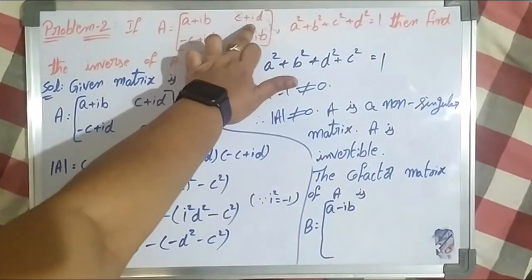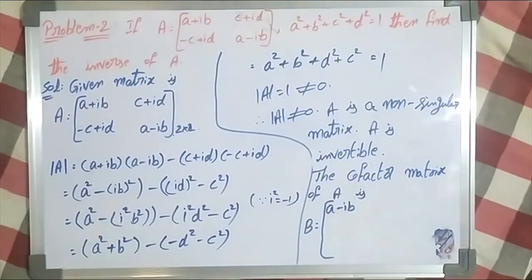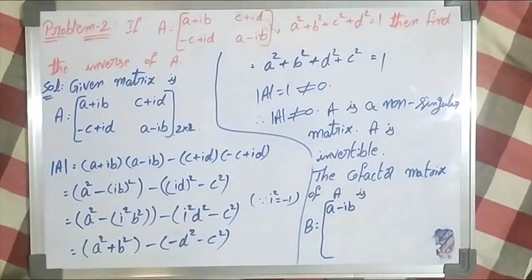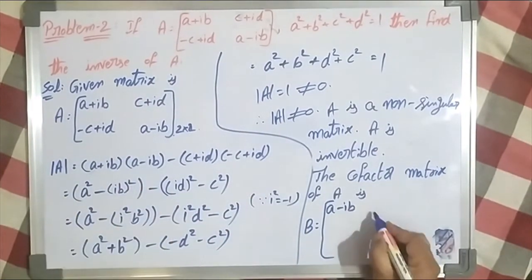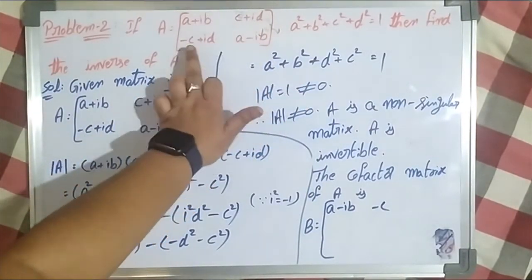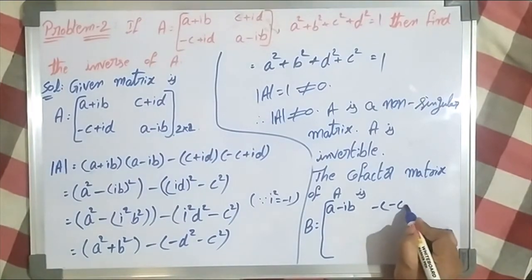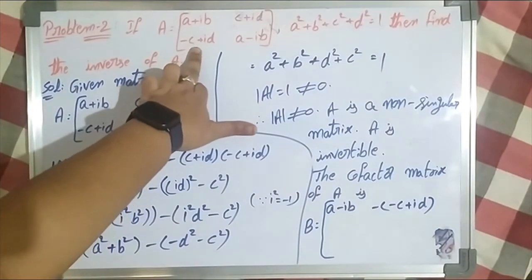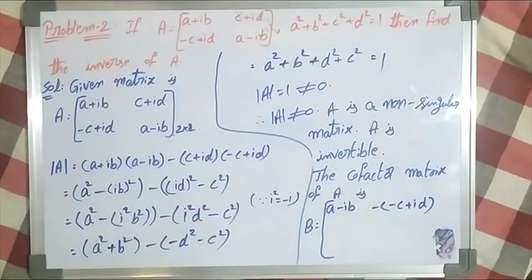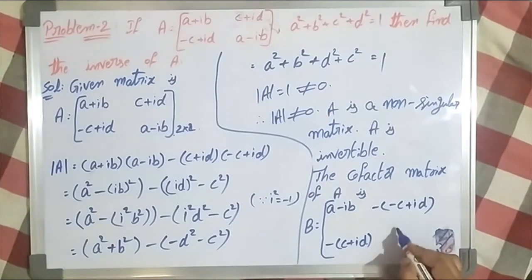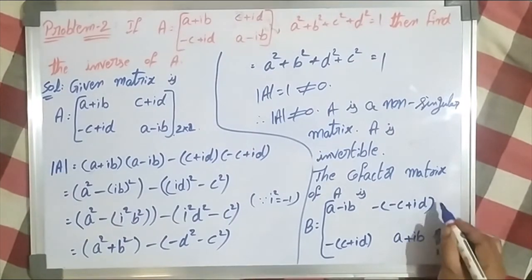And then next, for c plus id, minus 1 whole power first row 1 plus second column 2, that is 3, minus 1 whole cube, that is minus of the minor of c plus id. The minor of c plus id is minus c plus id. And then similarly, for minus c plus id the minor value is minus of c plus id. And for a minus ib the cofactor value is a plus ib.